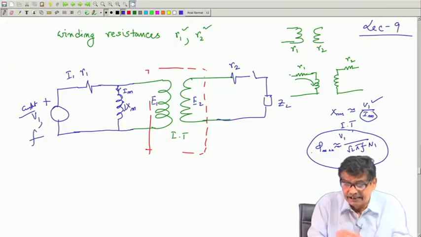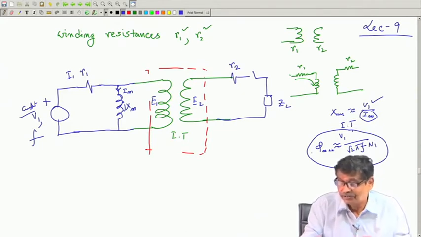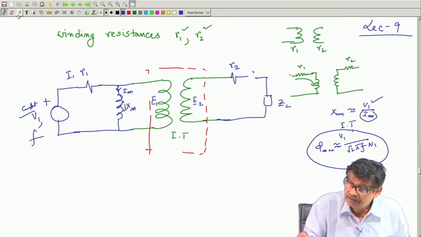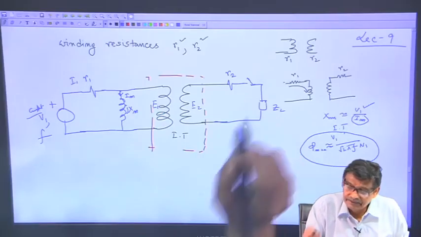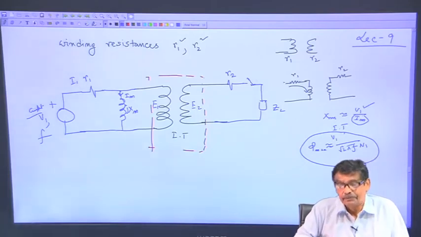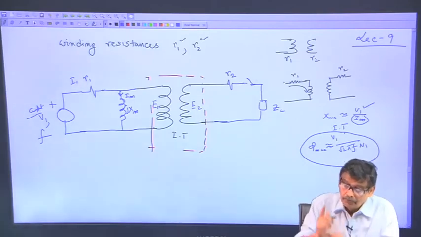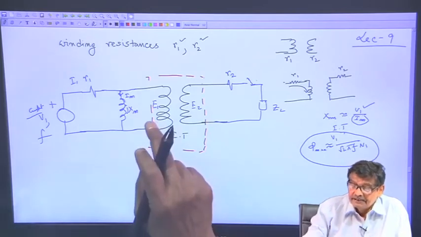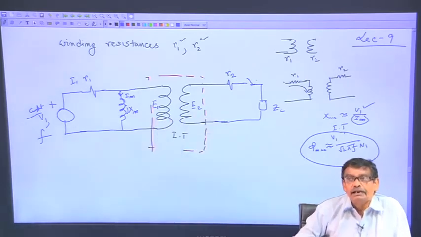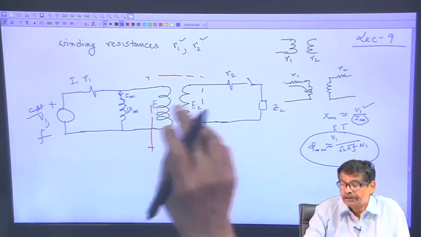Anyway, nonetheless, let us try to draw the phasor diagram of this and try to understand the implication of this. Now, listen carefully. Here I will start with E 1 and E 2, this voltage and this voltage.